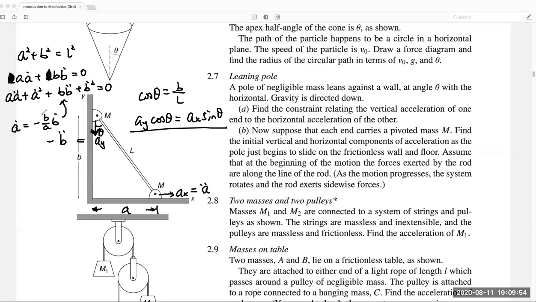So let's see if we can get the same answer.